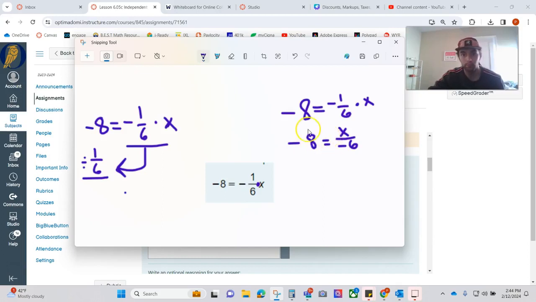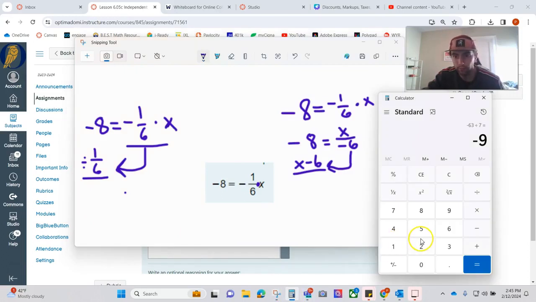Times 1/6 is the same as divided by 6. Just like timesing something by 1/2 is just dividing it by 2. So here we could use inverse operations, and instead of dividing by 1/6, we could times by negative 6, because that's the opposite operation. They both give us the same answer.